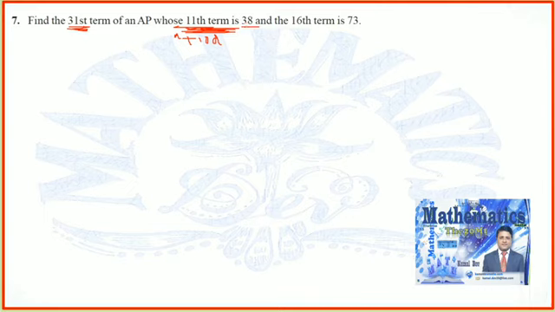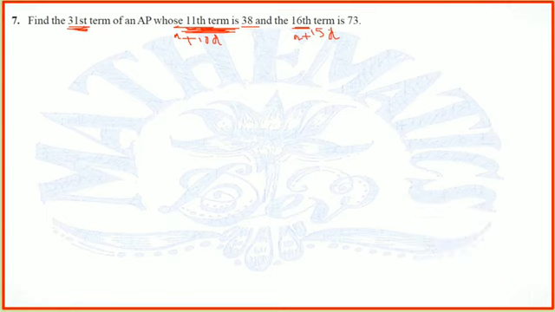A11 is equal to A plus 10D. And the 16th term means A plus 15D. Why did I write this? Because A plus 16 minus 1 into D, that will become 15D, is 73. So we'll solve these two with each other and then we'll find the value of A and the value of D.